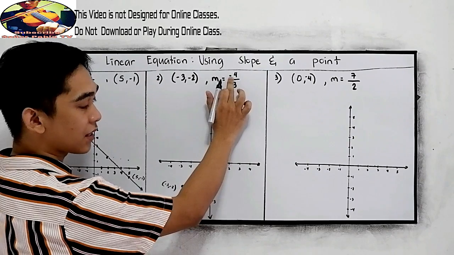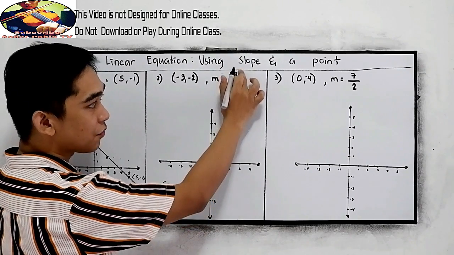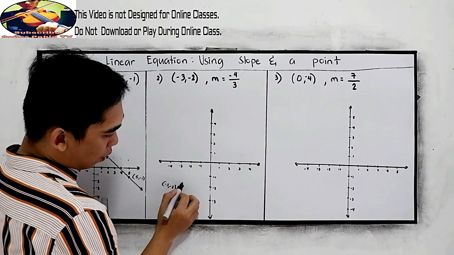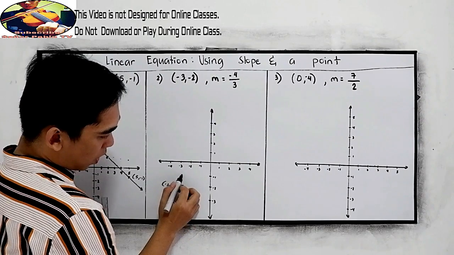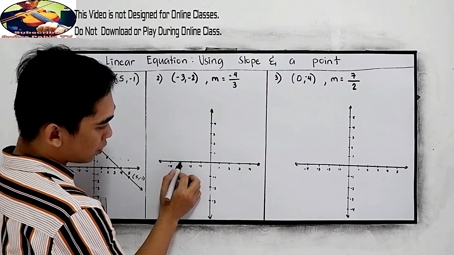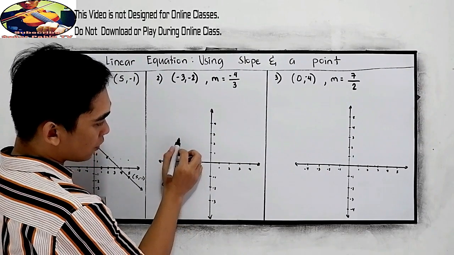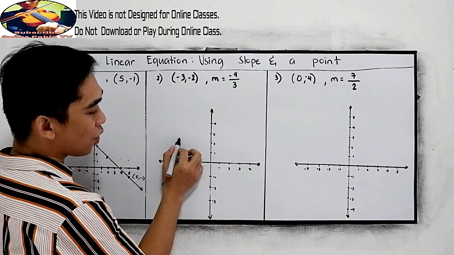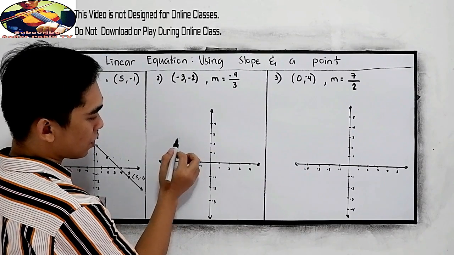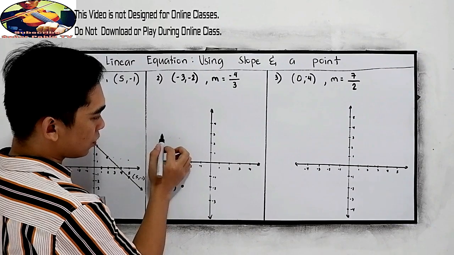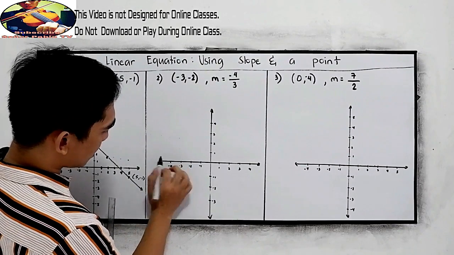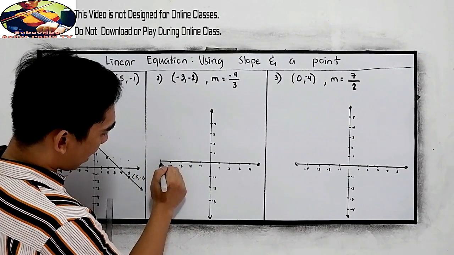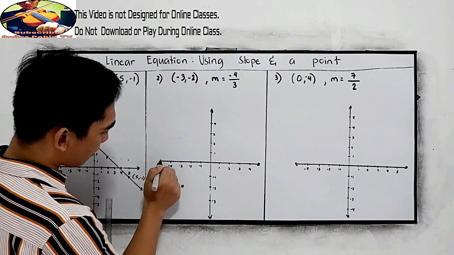So still negative. So rise 4: 1, 2, 3, 4. Negative, going left 3 times: 1, 2, 3. So let's say this is our -5.